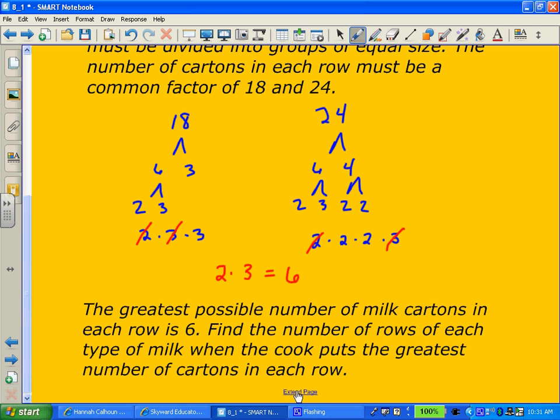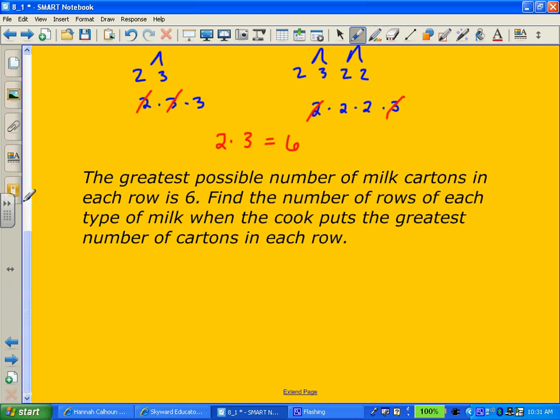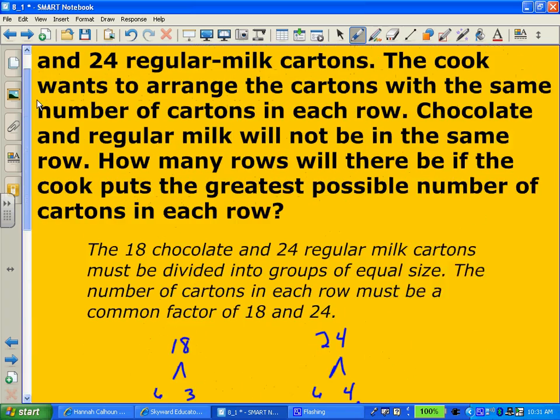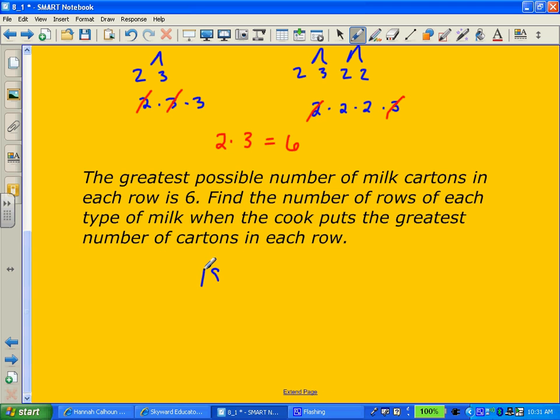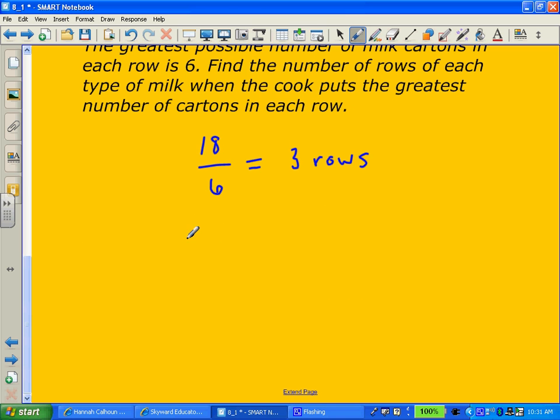Find the number of rows of each type of milk if the cook puts the greatest number of cartons in each row. So let's say I have 18 chocolate milk. So if I have 18 chocolate milk and I have 6 per row, that's going to be 3 rows of chocolate milk.